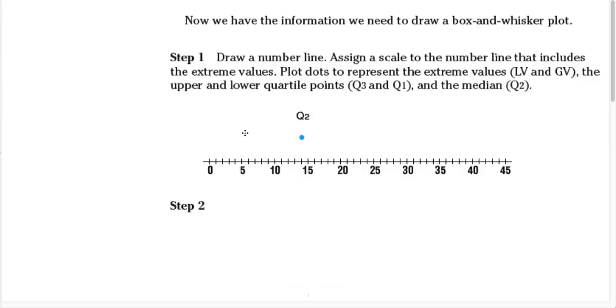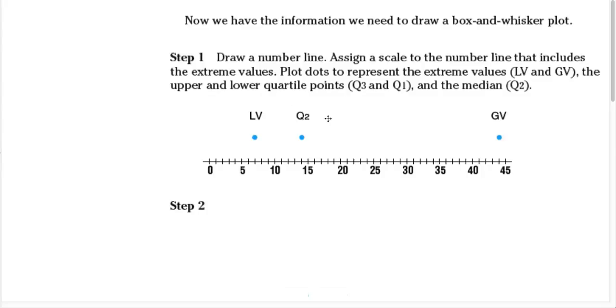Our LV would be, in this case, 6, and our GV is 44 right there. So our greatest value is 44, least value is 6.